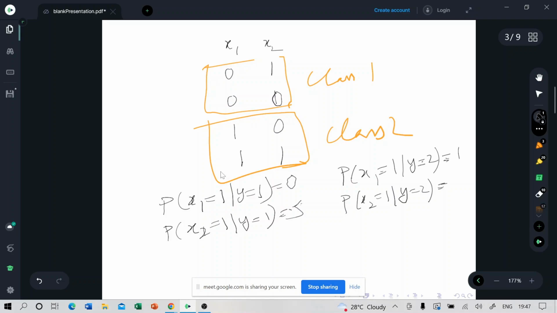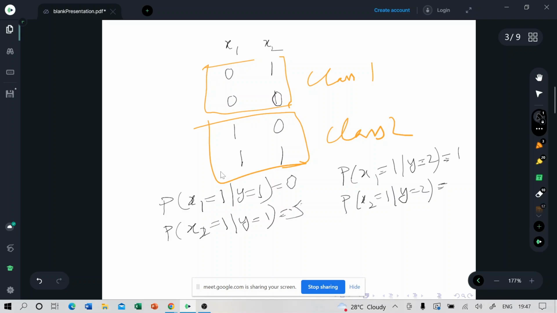So what is happening here is that we are multiplying the individual probabilities of individual features, right? If one of those becomes 0, then the whole probability becomes 0.